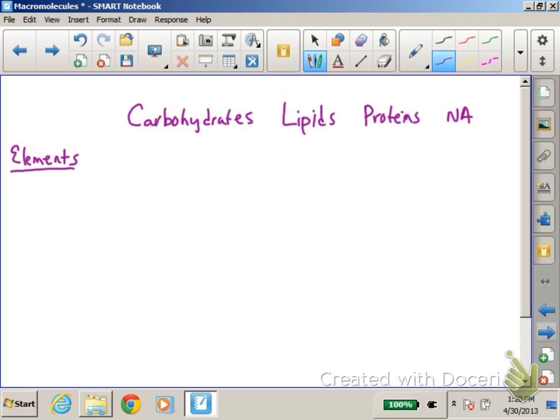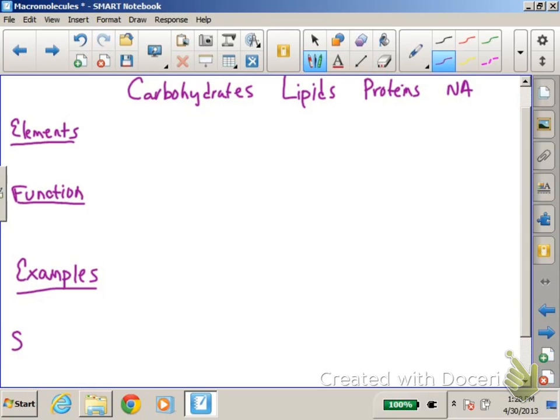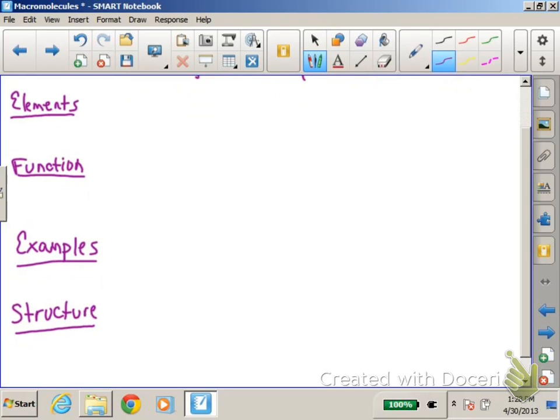You need to know the function of each group. You need to know examples. Structure. And then one thing that is not on your chart that you need to create another category for, you also need to know the subunits of each group.